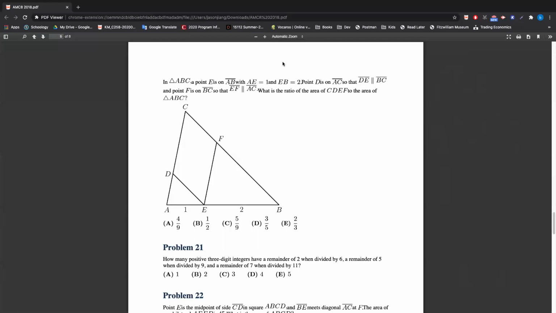So the good thing about parallel sides is that it gives us similar triangles. For example, because DE is parallel to CB, triangle ADE is similar to triangle ACB.